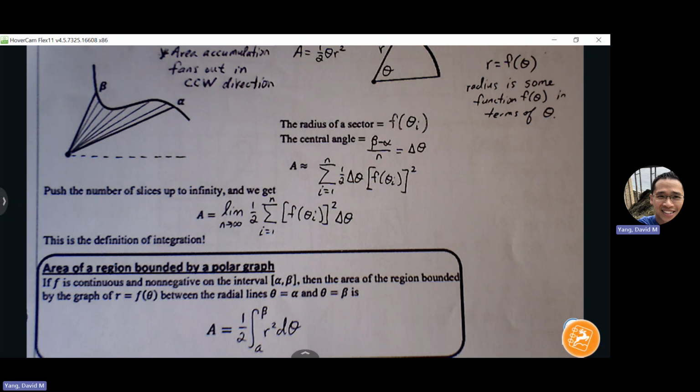They're going to fan out from the pole, from just one location, in a counterclockwise direction.